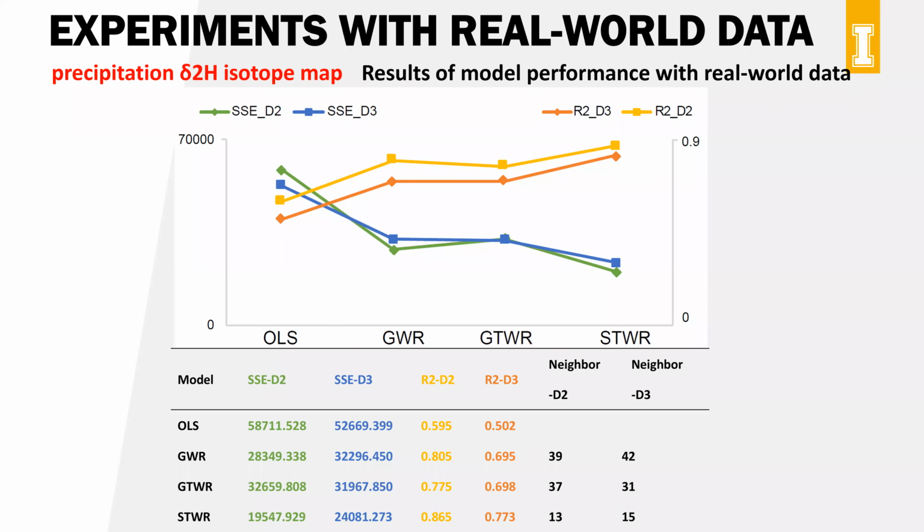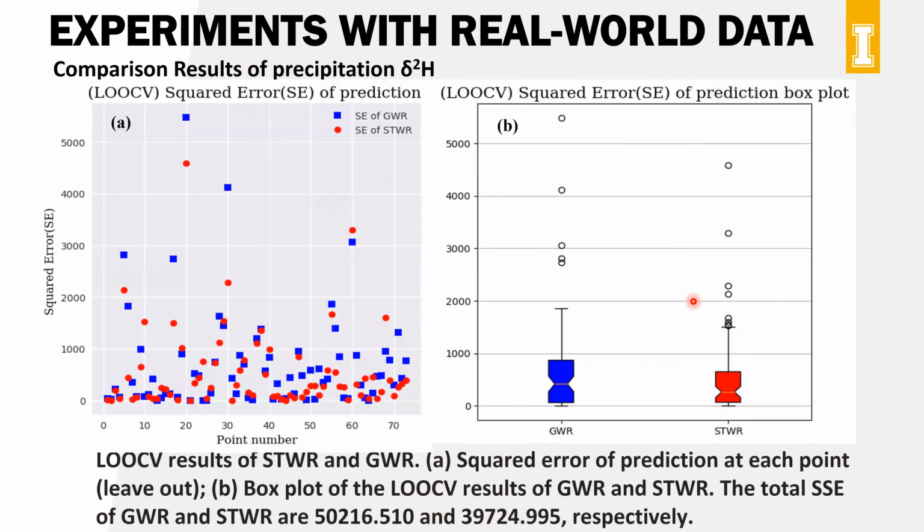Then let's see the cross-validation, leave-one-out cross-validation. The blue dots are the square error of using the previously published algorithm, GWR.